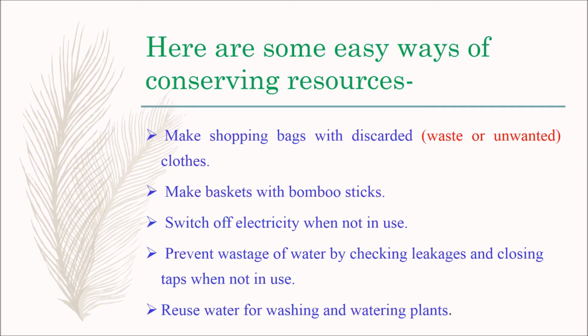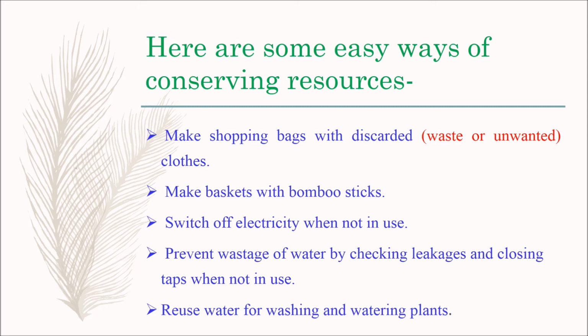Here are some easy ways of conserving resources. The first way is to make shopping bags with discarded cloths. Here discarded means waste or unwanted. So make shopping bags with waste or unwanted cloths.